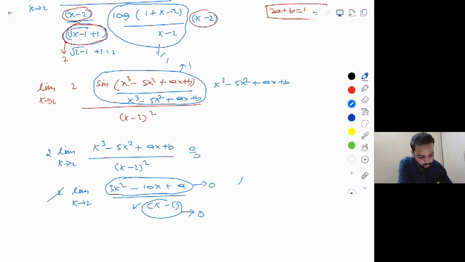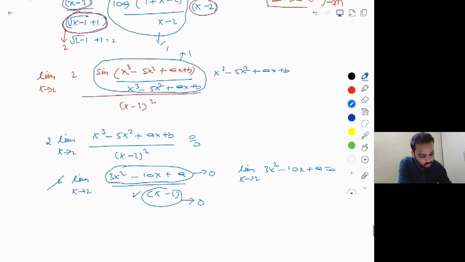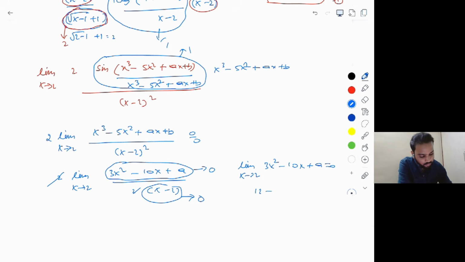So I'm going to do that as limit x tends to 2, 3x square minus 10x plus a must tend to 0. If I put that 2 here, this becomes 12 minus of 20 plus a is equals to 0. So finally we get a is equals to 8.